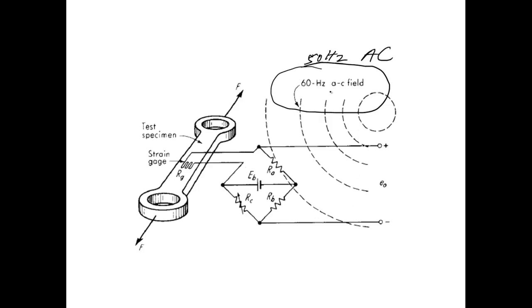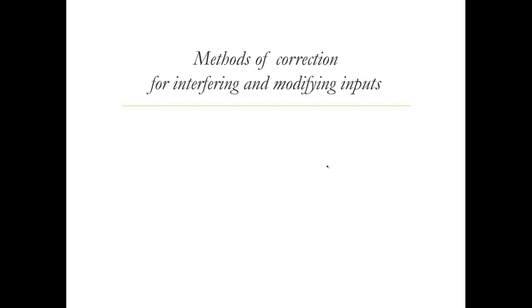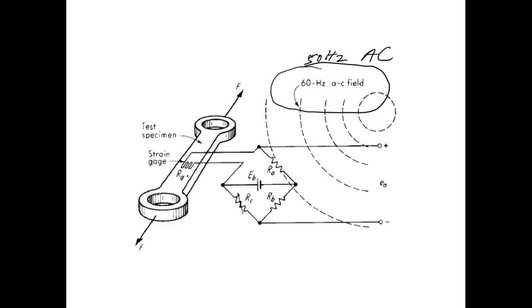So even if the strain gauge has measured the right amount of strain in this specimen, we won't get the correct answer because of this disturbance, since it changes the voltage levels with which we are measuring the strain. Such are the interfering or modifying inputs to the system. The desired input is just the strain in this member.